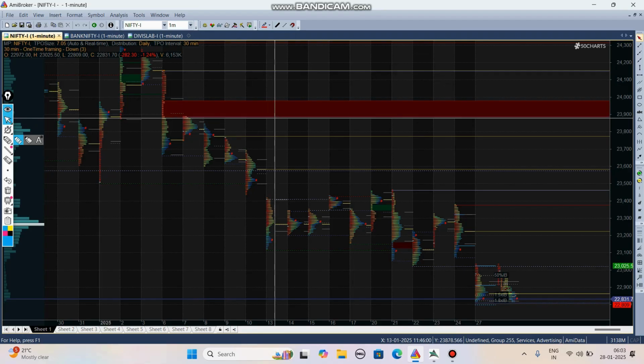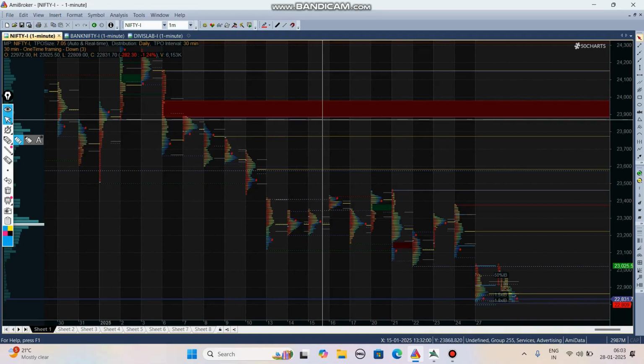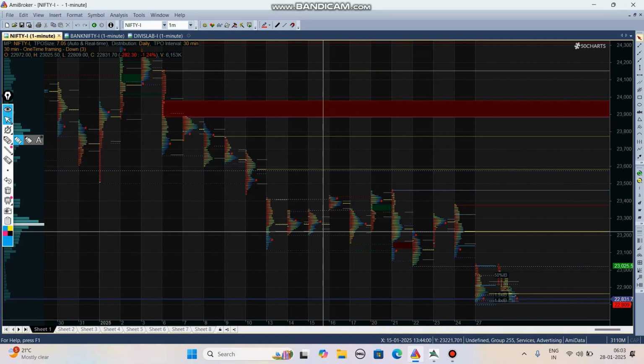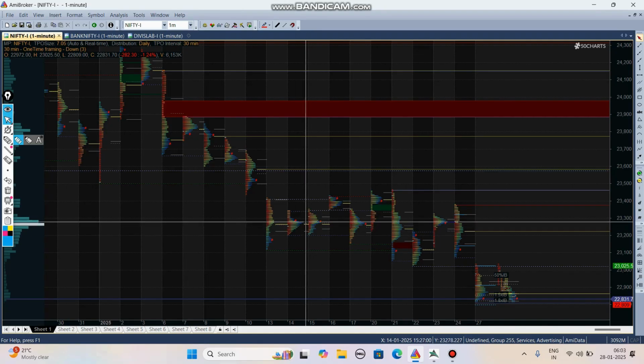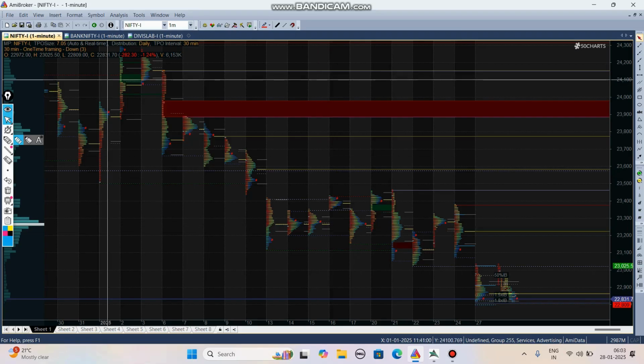If the standard deviation levels are perfect, then you can take the entry at -1 standard deviation. -1 standard deviation is always for buying, and at +1 standard deviation you have to look for short only.